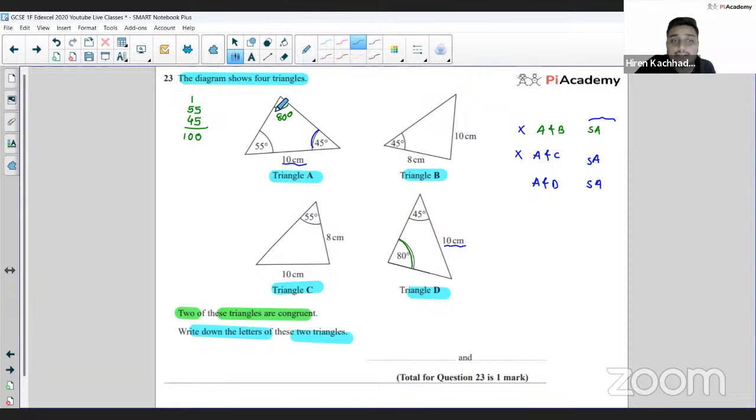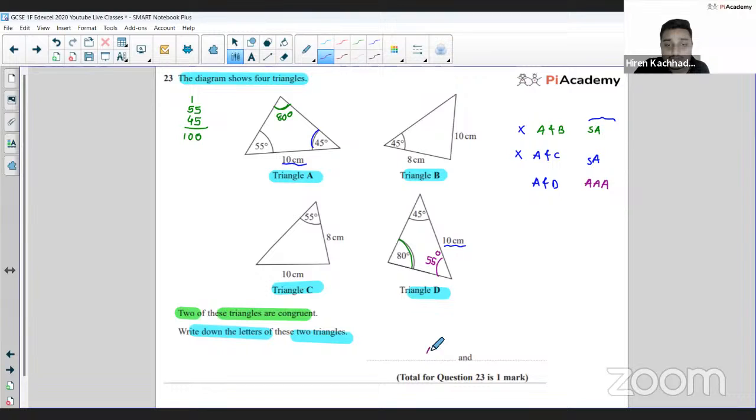So you can see, you got one more angle here, right? If this is 80, this is 45, then the third angle is also the same, 55. So as you can see here, this is nothing but angle and angle, right? So this is the rule of congruency. So it means triangles A and D are congruent, right?